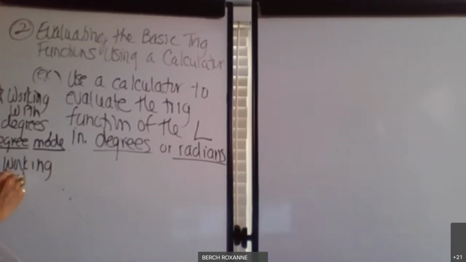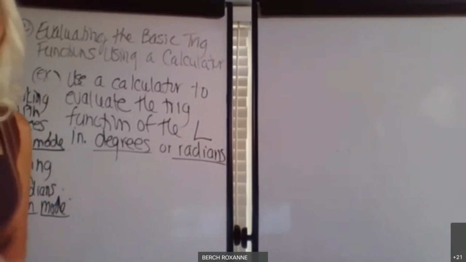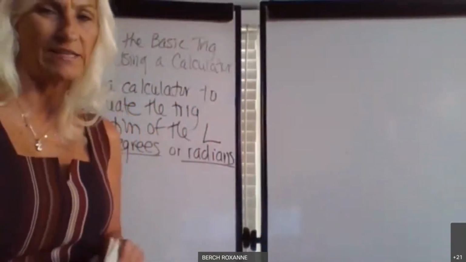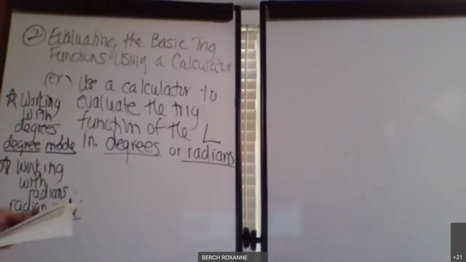Working with radians, radian mode. And you might be wondering, why are you writing that on the board? We can remember that. There's a whole bunch of students that aren't going to remember that, and they're going to be getting all the wrong answers. So you've got to make sure you're in the right mode.